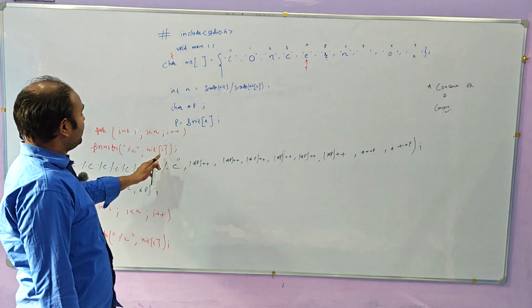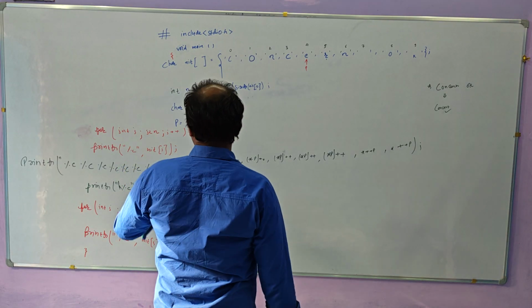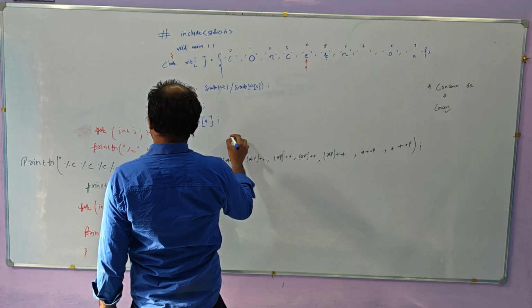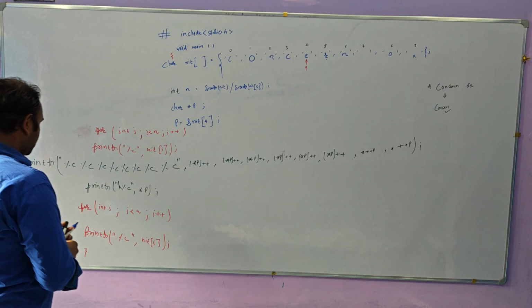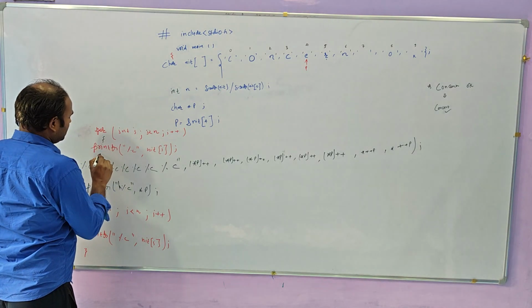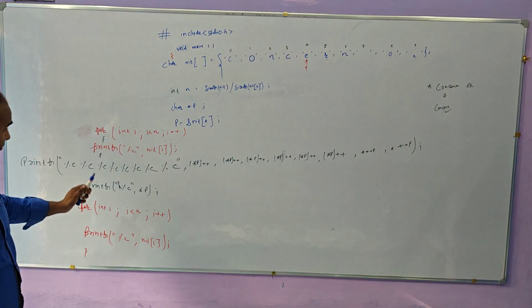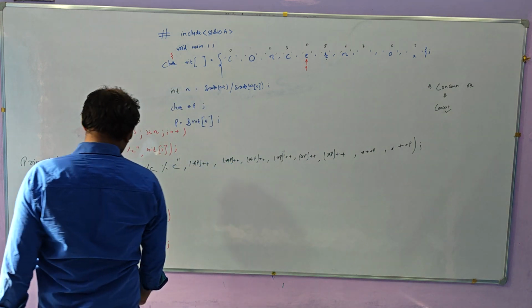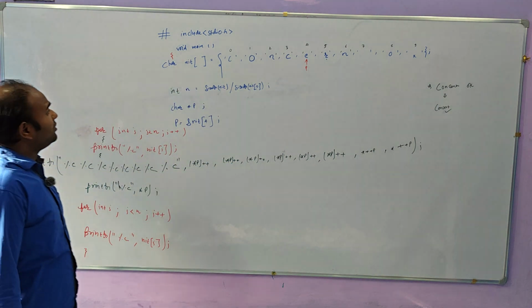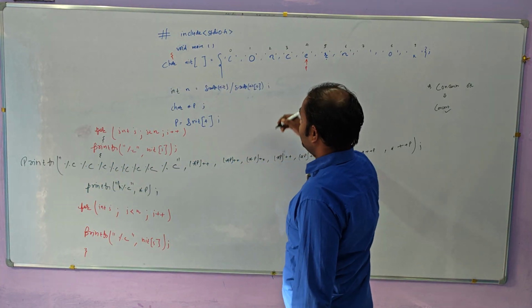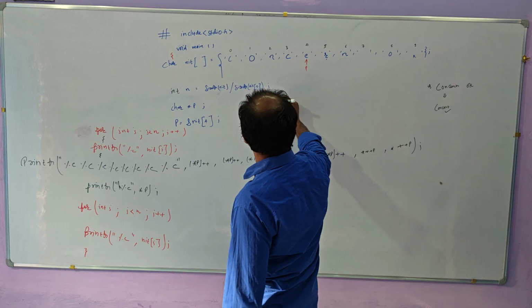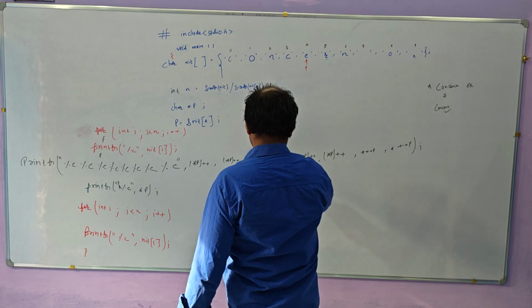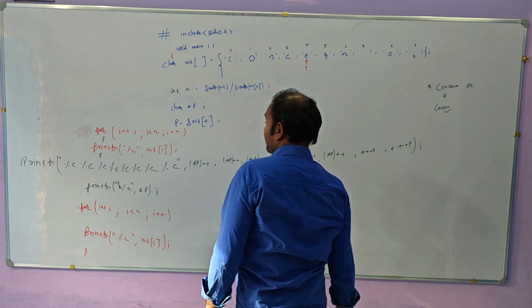Then if i is equal to 0, that will print C. Here there is one statement, so we can apply it without braces.